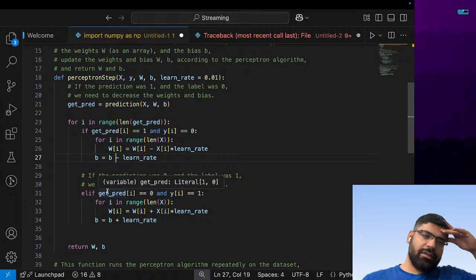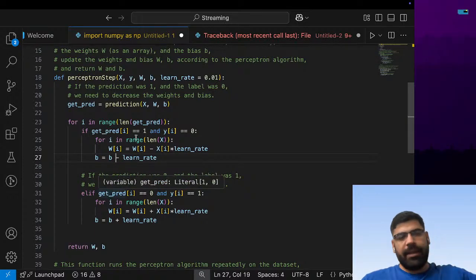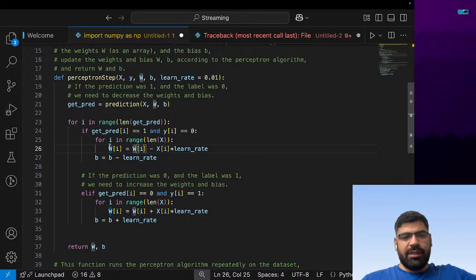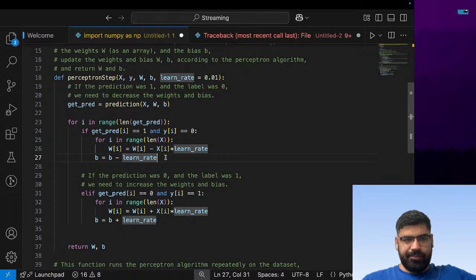If get prediction is the weight, if the weight is doing this, no, I think I'm doing it wrong.